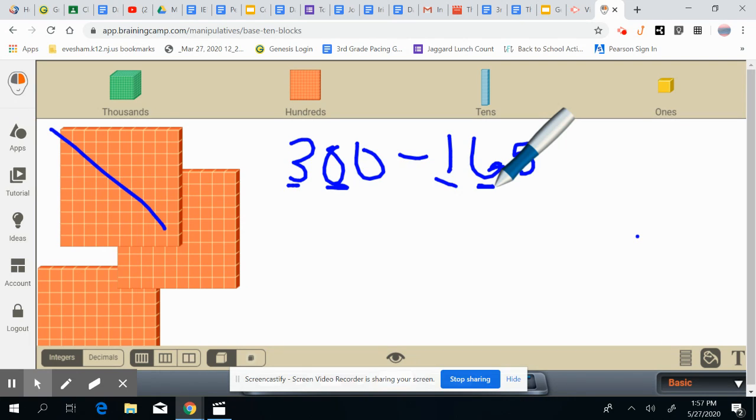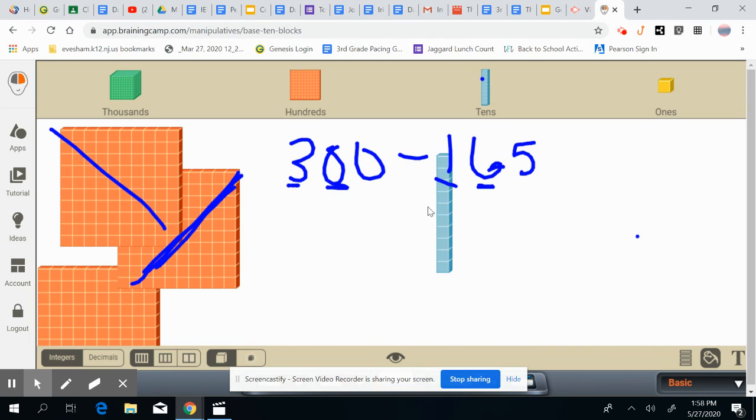So I have to take one of these hundreds, cross it out, and replace it with 10 tens, because there's 10 tens in 100. I'm taking my 100 and putting it into 10 tens so that I can subtract my 6 tens.